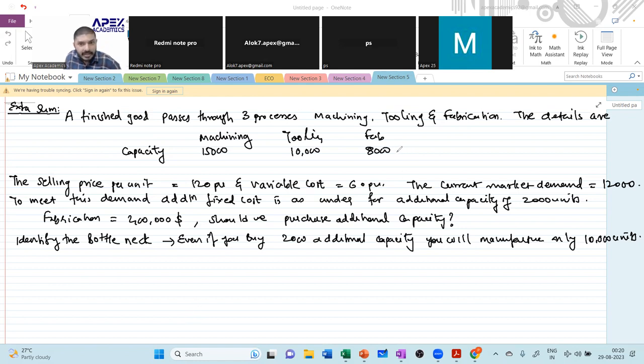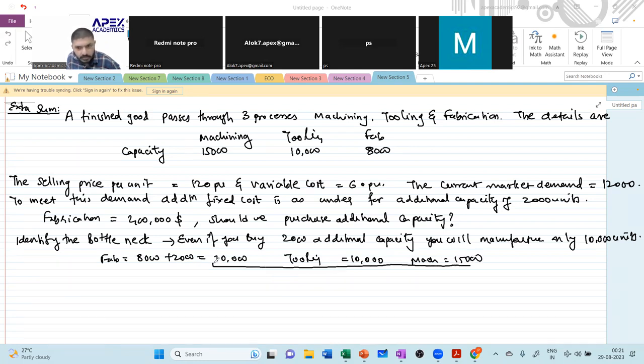How? Fabrication will become 8 plus 2. Tooling will stay at 10. Machining stays at 15. What is your answer? You will be able to make only 10,000.